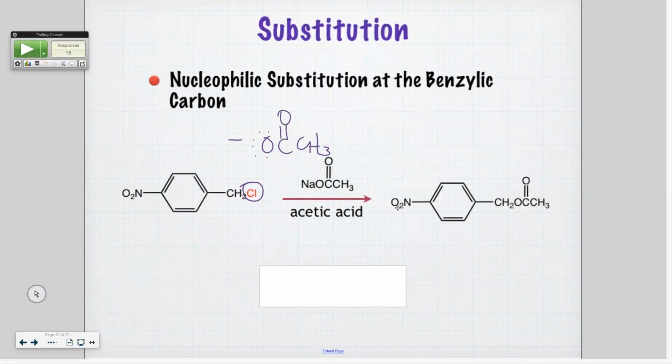Okay, what do you think the mechanism is? Hint, it's a nucleophilic substitution. You got a 50-50. Okay, it's typically SN2. If you start substituting this carbon, it switches to SN1.